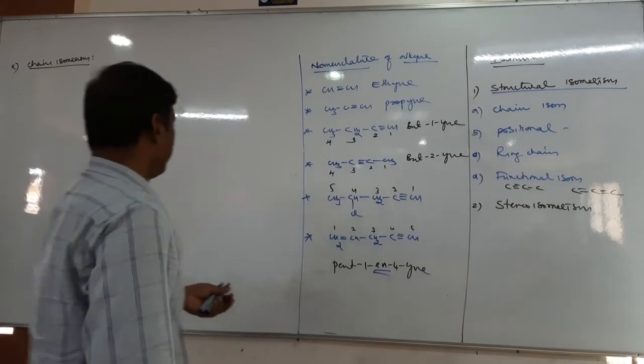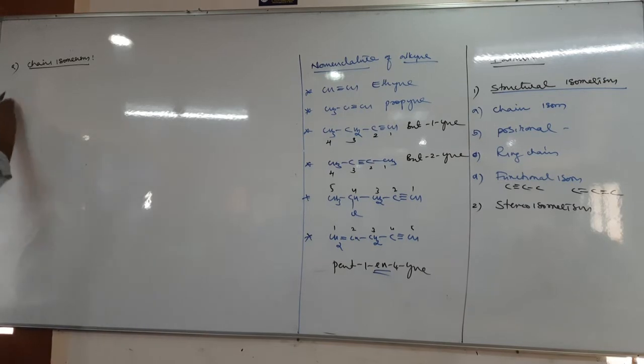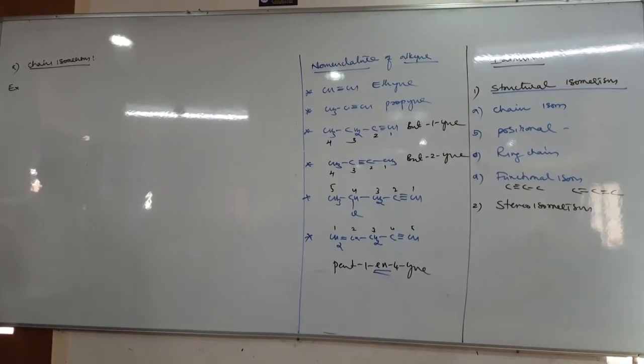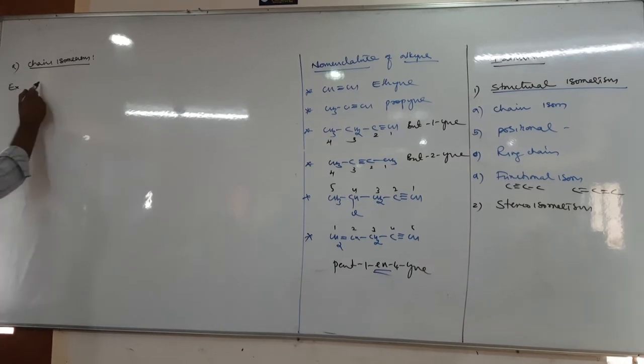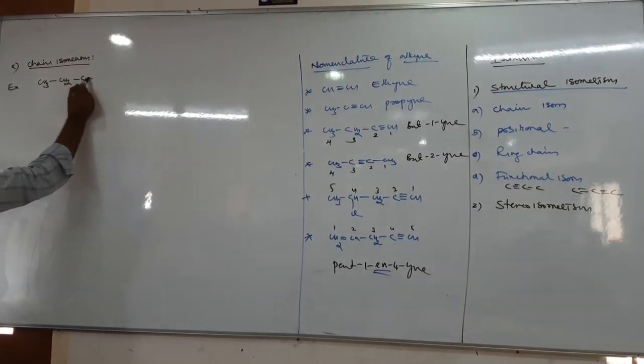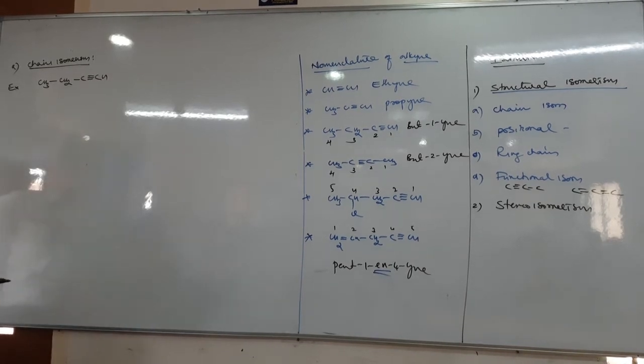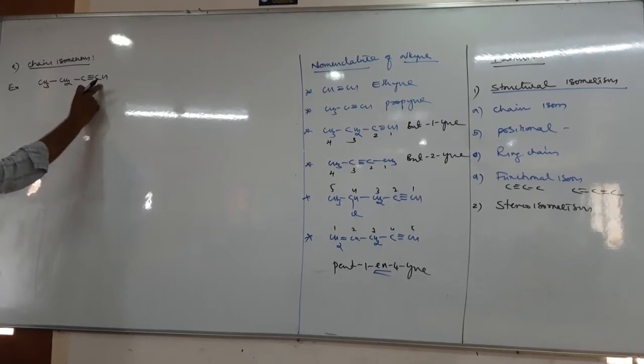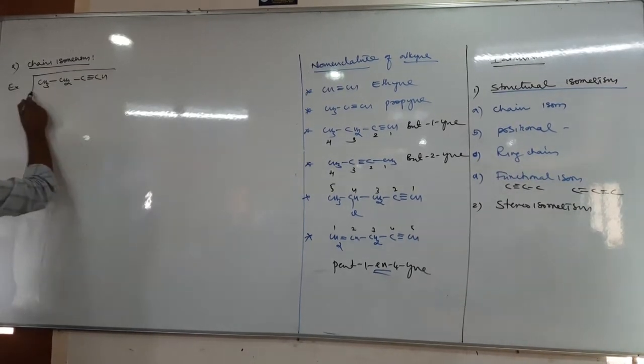Okay. Now tell me an example here, chain isomerism. For chain isomerism, can you tell me the minimum number of carbon atoms required? In case of alkane and alkene it is 4, but in case of alkyne 5. I'll tell you why. For example, if you take 4 carbons, CH3, CH2, C triple bond CH. How many carbon atoms does the parent chain have? 1, 2, 3, 4. The parent chain has 4 carbon atoms.